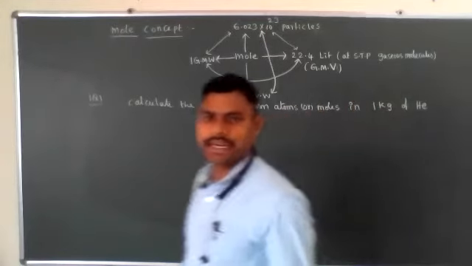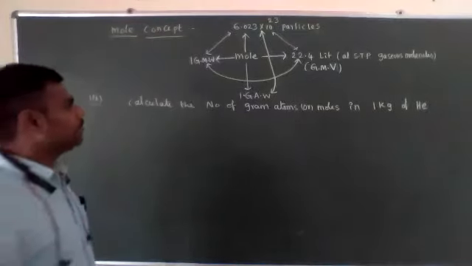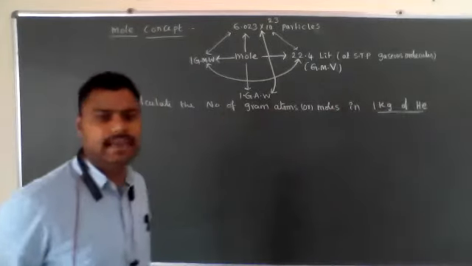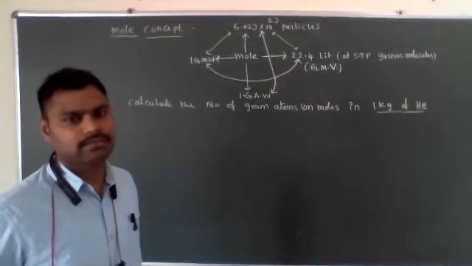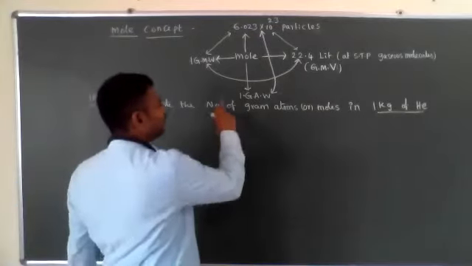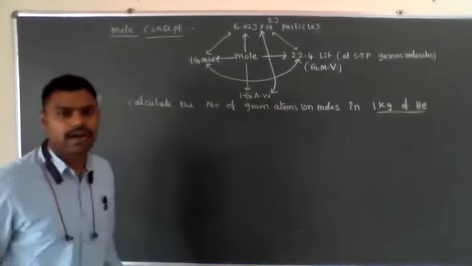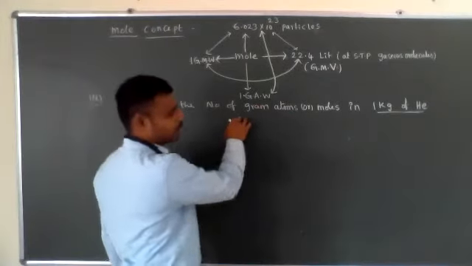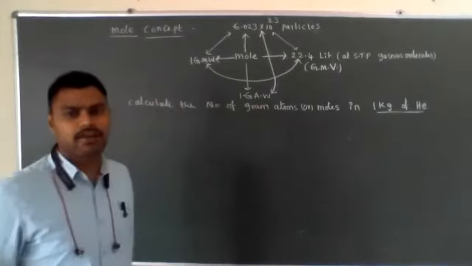Already I said the number of gram atoms is nothing but the number of moles. 1 kg of helium means I gave you 1 kg of helium atoms. He is an atom or not? Helium is an atom. So how many moles, or gram atoms, are present in 1 kg of helium?